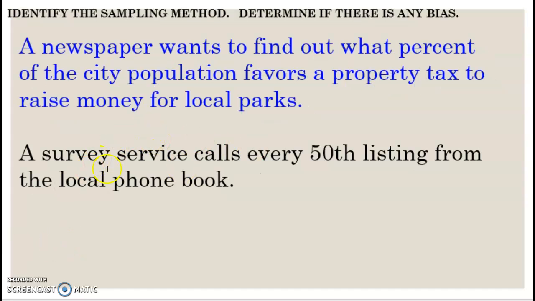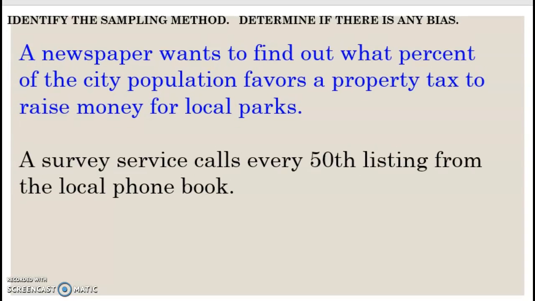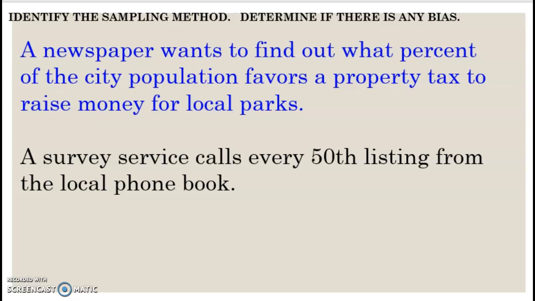All right, in this one, a survey service calls every 50th listing from the local phone book. Well, this is systematic. There isn't really any bias unless there is some kind of link between people who go in the phone book.